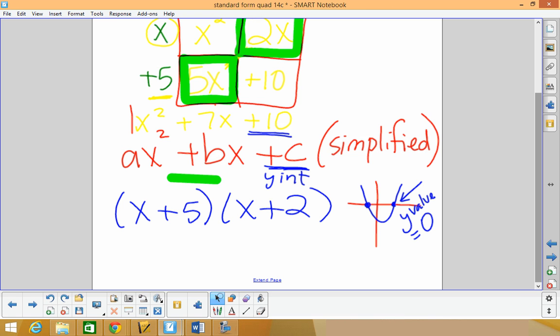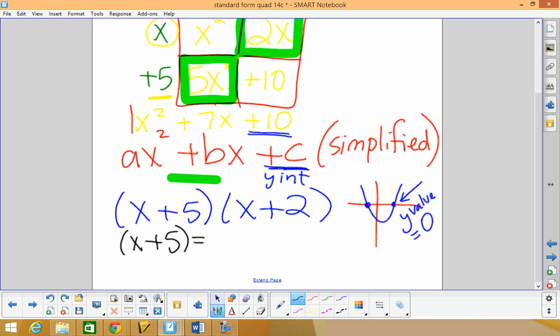Okay, so you can see here the y value for either of these points is 0. So we are going to set these equations equal to 0 and solve for our x so that it will give us what our x-intercept is. X plus 5 equals 0 and x plus 2 equals 0.